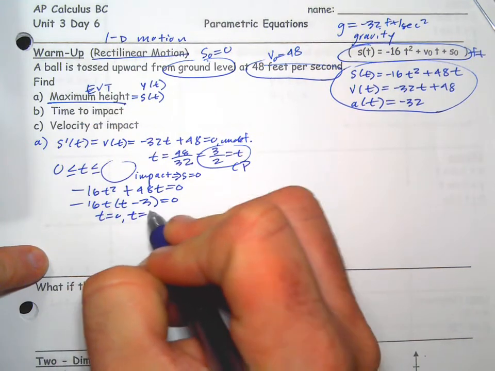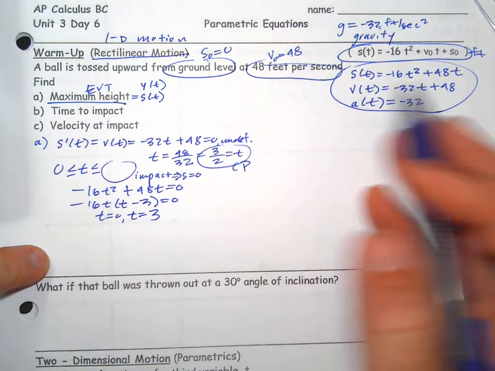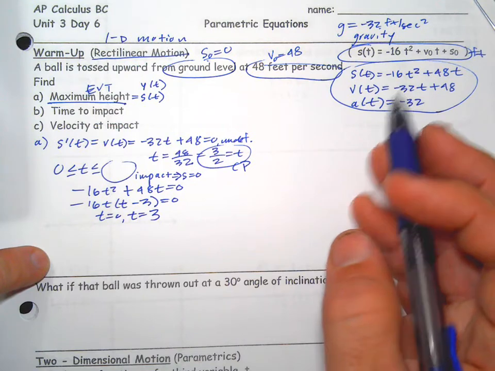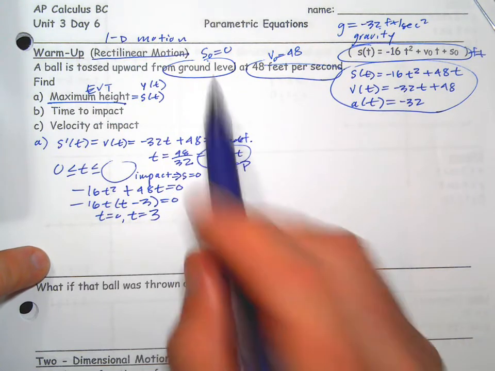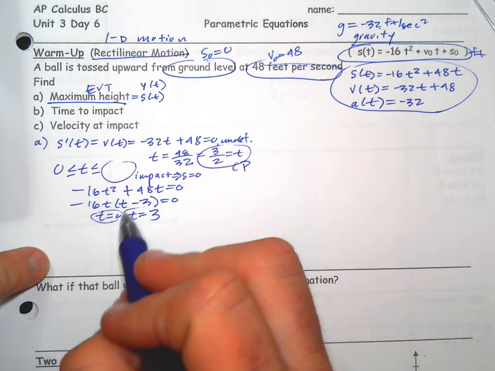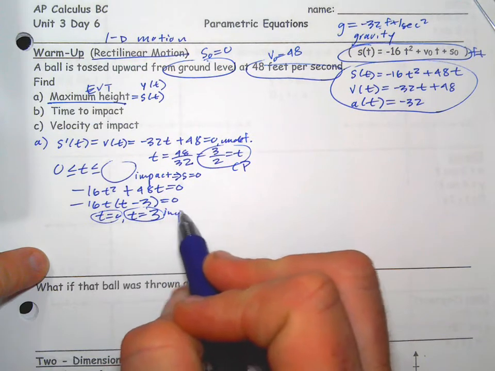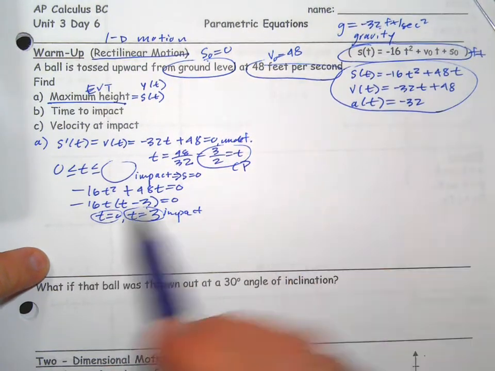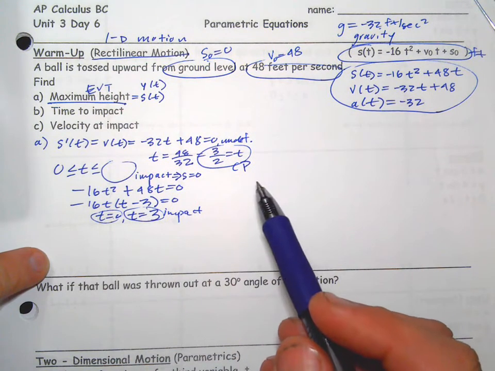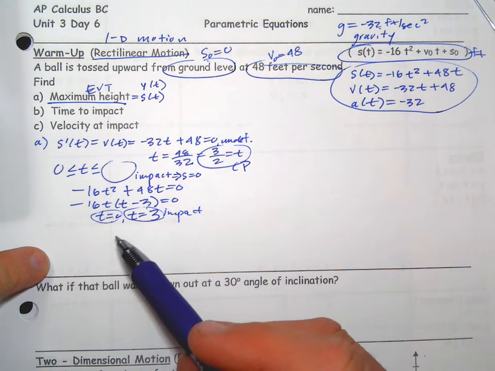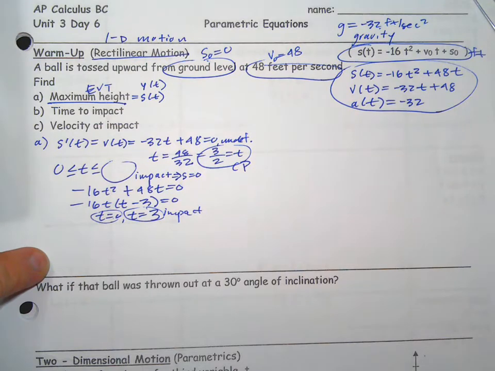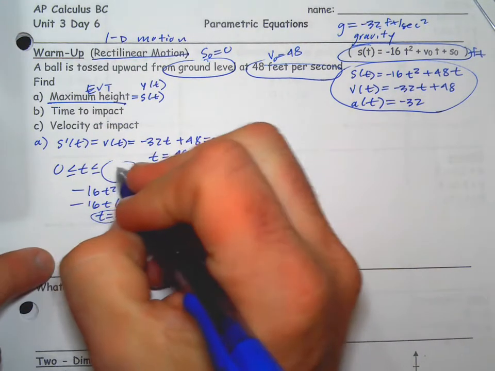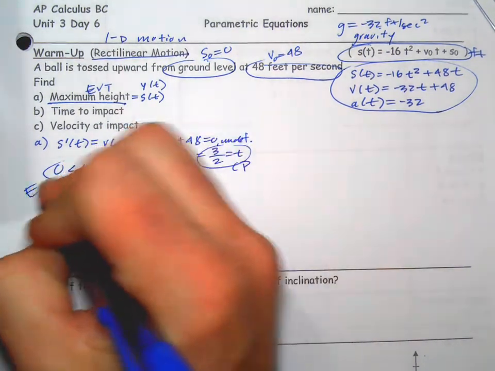So you're usually going to get two answers from these gravity problems because they're quadratics. And if it starts at ground level, then you get ground level. But this is when it hits the ground on the way back. Now, if you start at a higher level than the ground, it's going to give you a negative time, as if it started at ground level originally, even though you started from another height. So that's going to be your other endpoint.